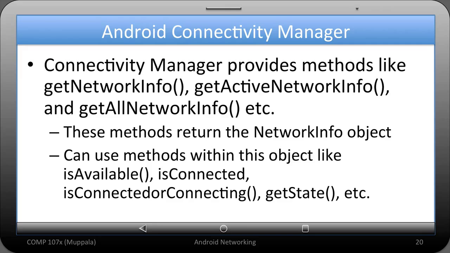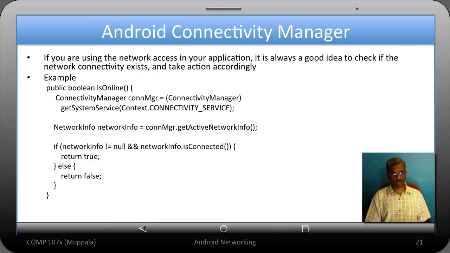Once you get access to the NetworkInfo object from the connectivity manager, then we can query the NetworkInfo object by using the methods that are supported in there called isAvailable, isConnected or isConnecting, and so on. So these methods return the status information about the connectivity of our device.